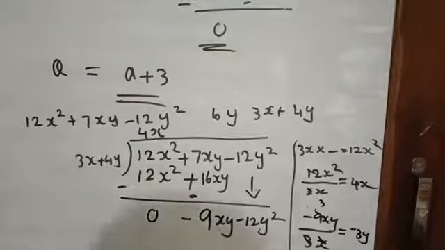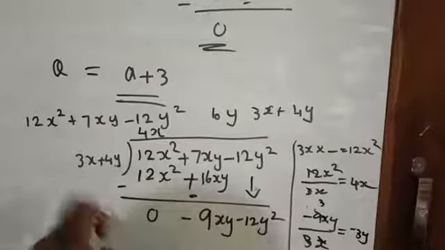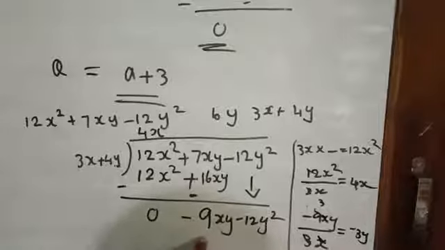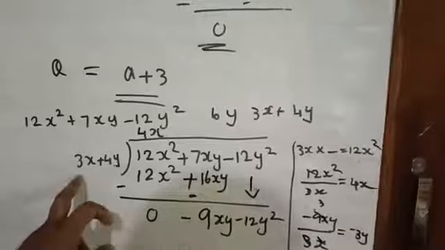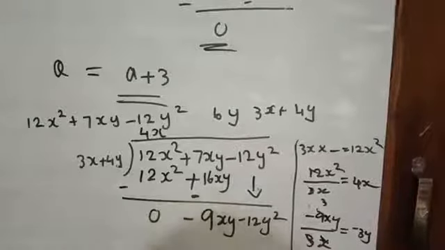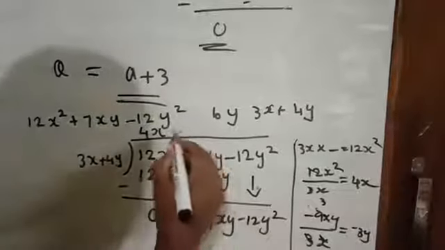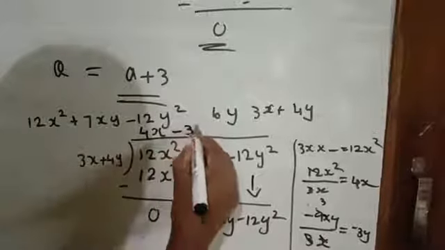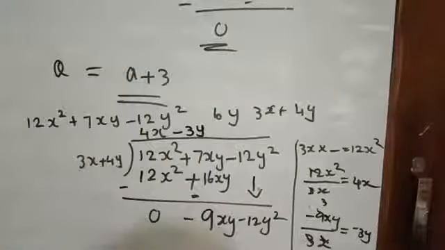Minus 9xy is divided by 3x. First term of the dividend divided by the first term of the divisor, minus 9xy by 3x. 9 and 3 get cancelled, x and x get cancelled. So only minus 3y is there. So here minus 3y.